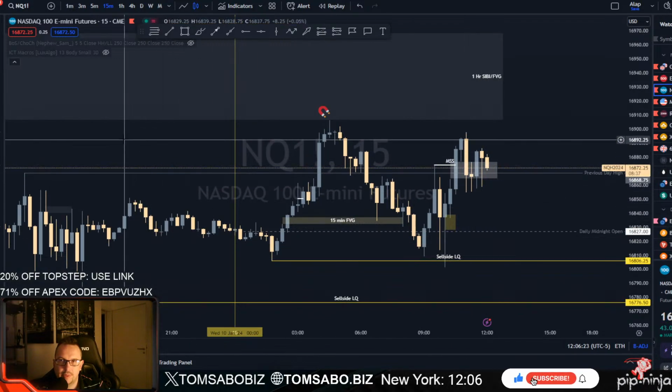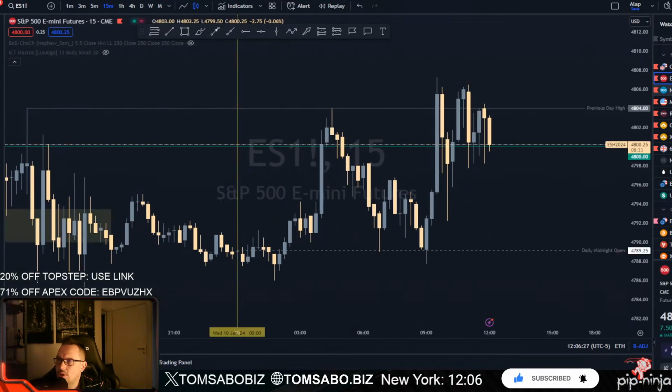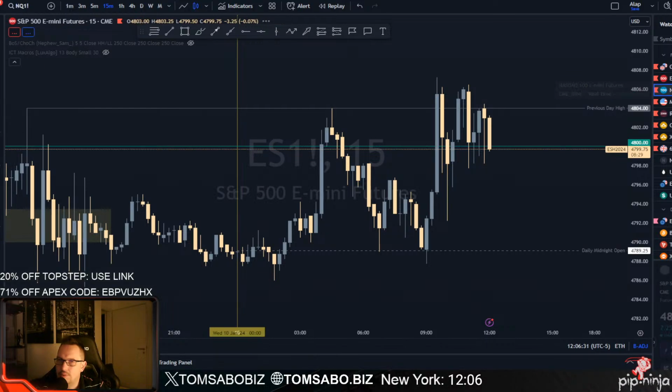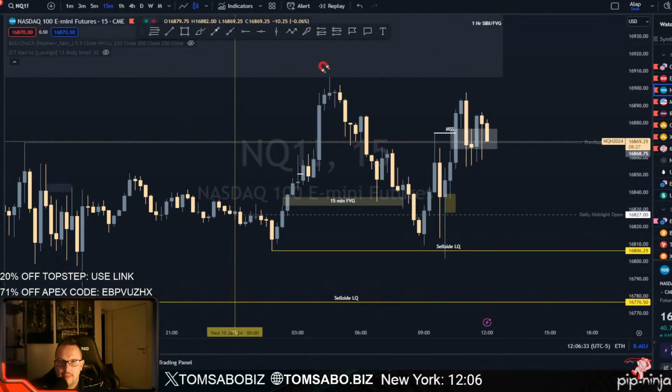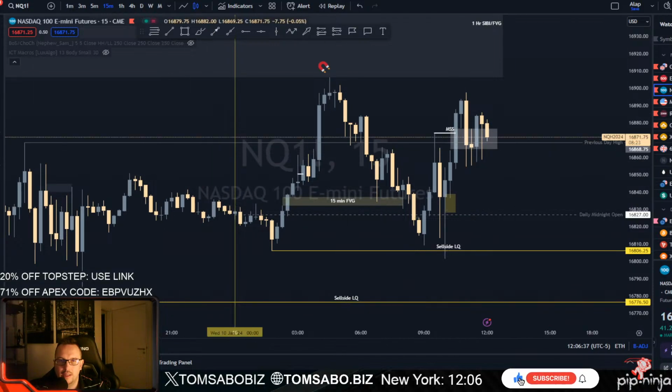So ES is having a hard time pushing above the 4800. So if ES gives up, then NQ might go for the 54s or 53 level.